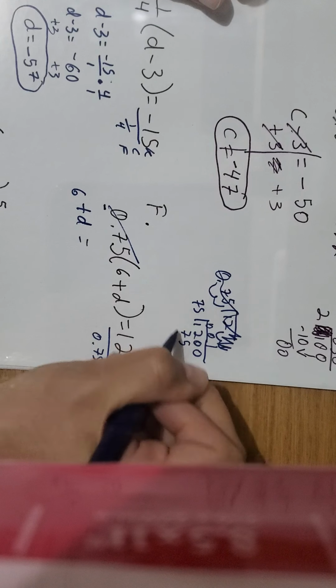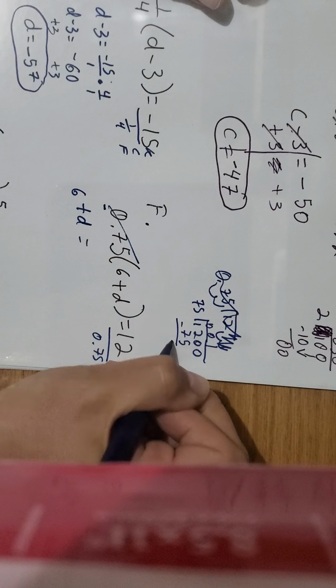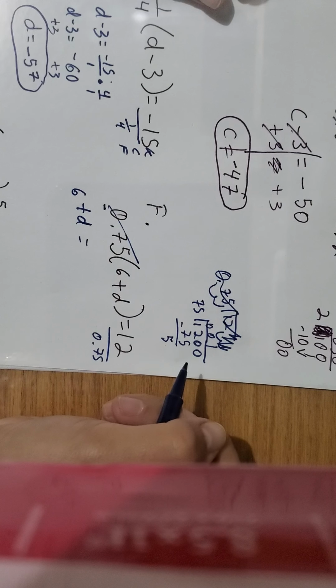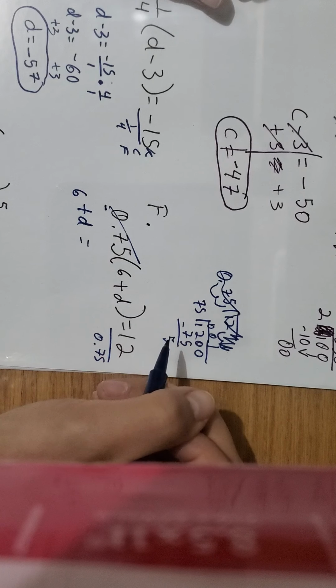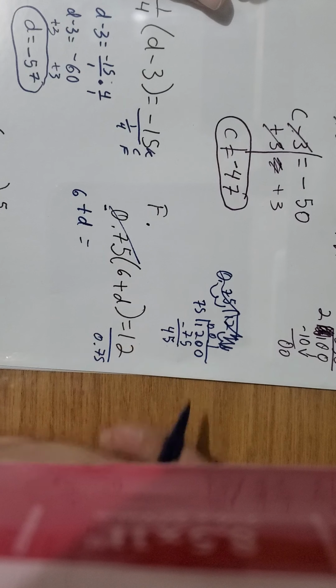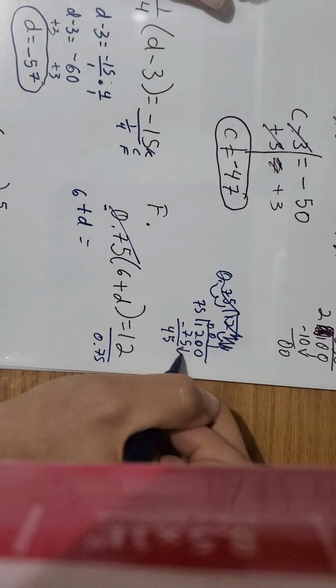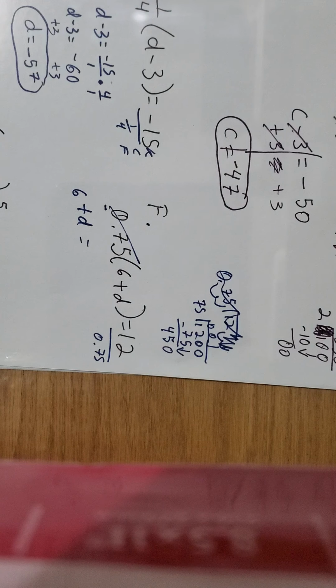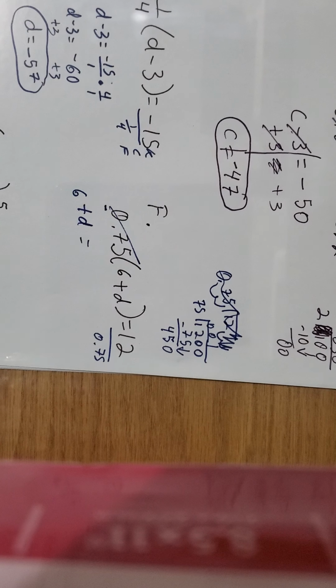So 75, 45, and then we'll lower the 0. Sorry, you go ahead and do that at home with your calculator.